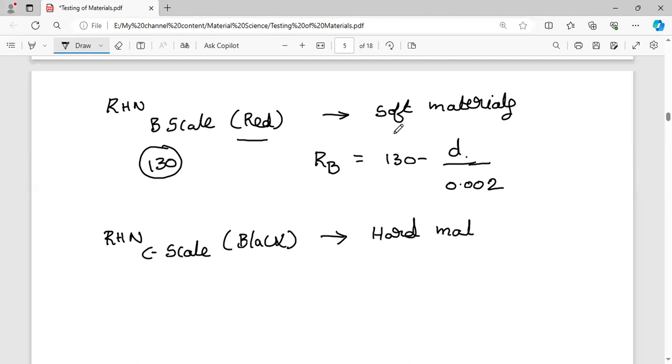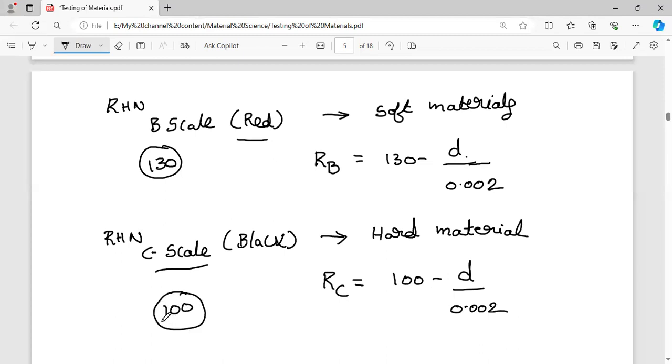So for soft materials we use the B scale, whereas for hard materials we use the C scale, and the formula for the Rockwell hardness number is 100 minus D by 0.002. The number of divisions on the C scale is 100.